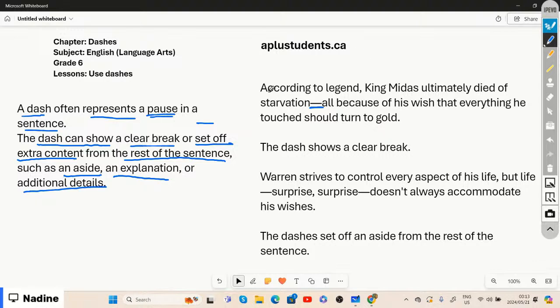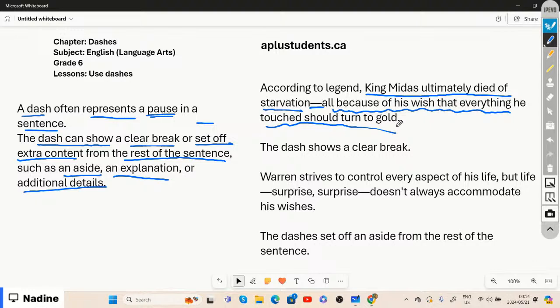Because here we already know that King Midas died of starvation. And now they're giving us an explanation as to why he died of starvation. So instead of just saying that King Midas died of starvation, full stop, they are now giving us additional information as to why.